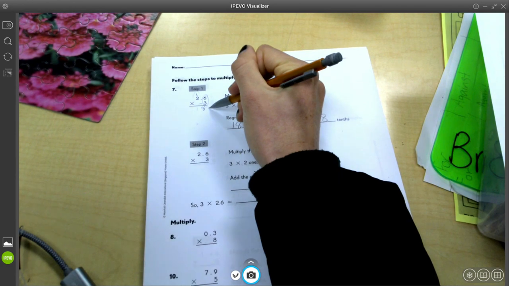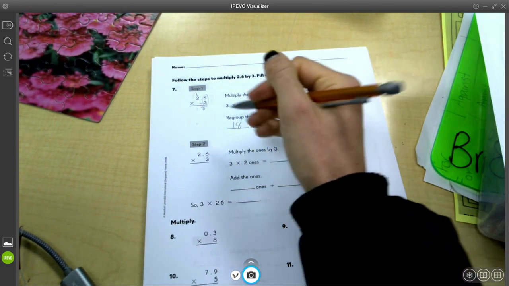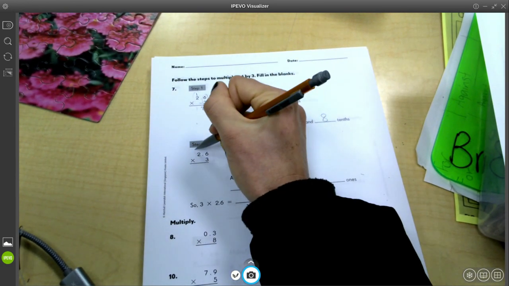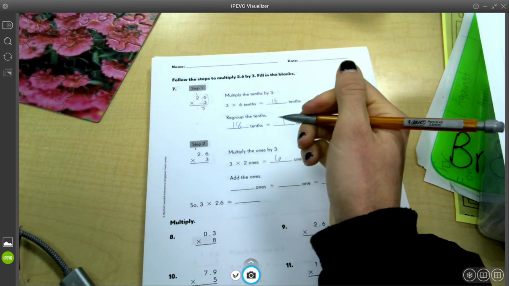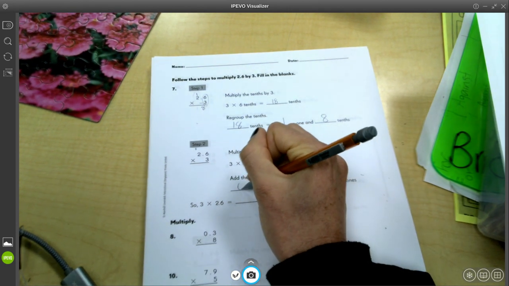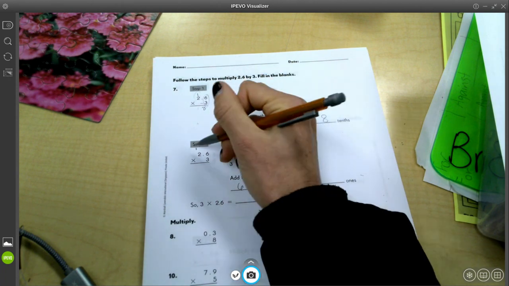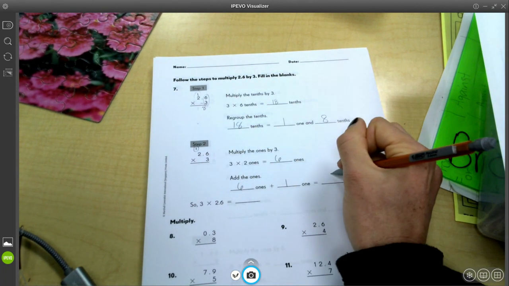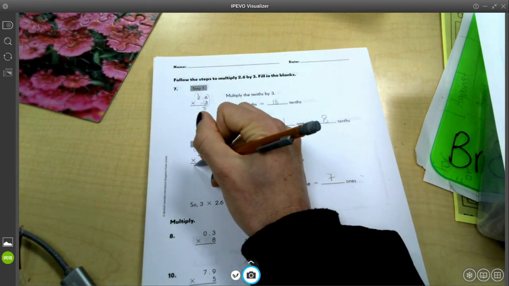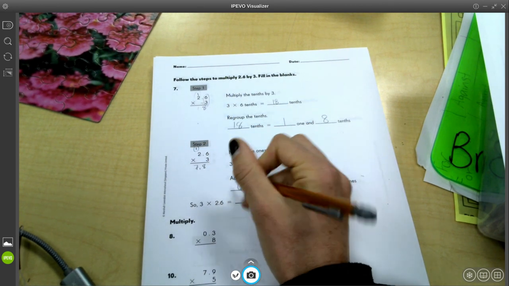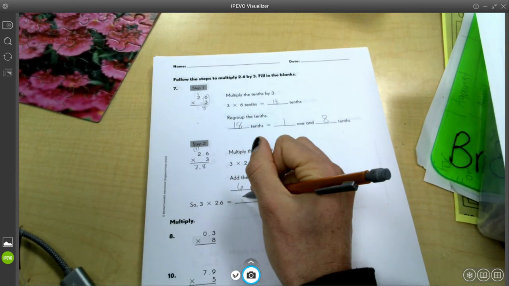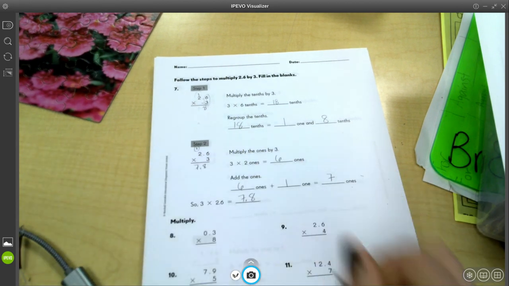Now I'm going to multiply the 3 by the 2, which is 6 ones. I'm going to add 6 ones and the 1 whole from up here, which is 7 ones. So 3 times 2 and 6/10 is 7 and 8/10.